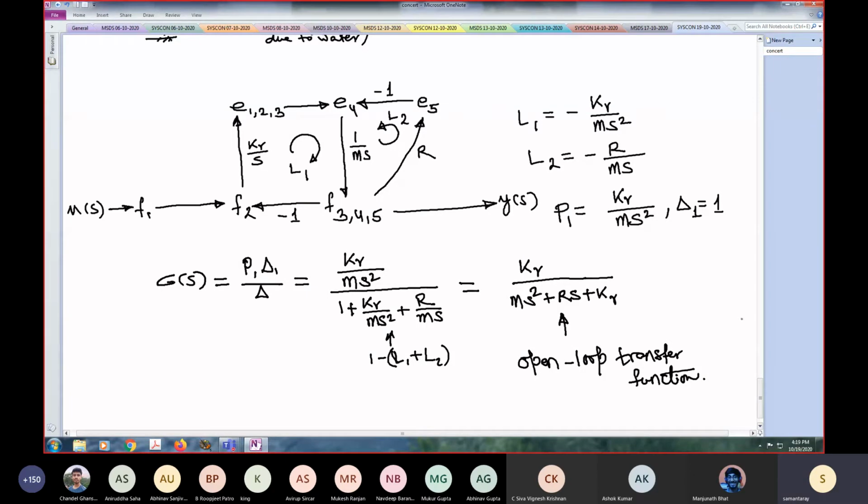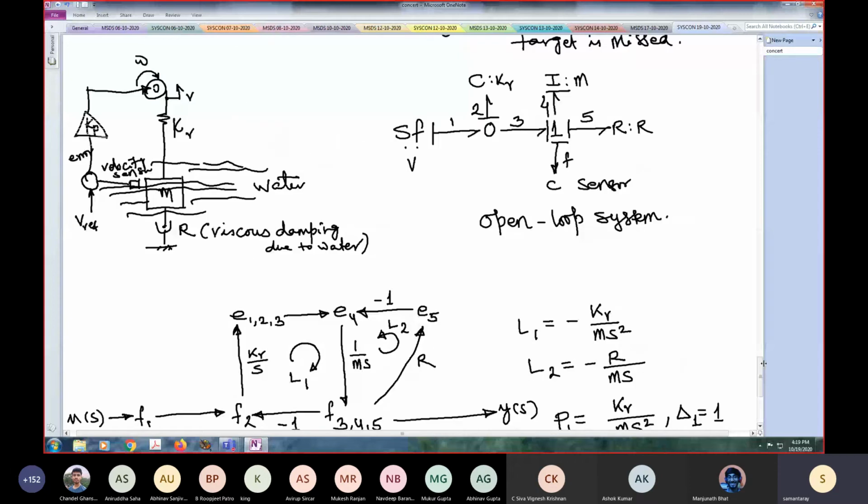So now we have that in a control loop. That gain Kp appears in the forward path. If you go back, you see after comparison, this is plus, this is minus. So after comparison, gain Kp is appearing.